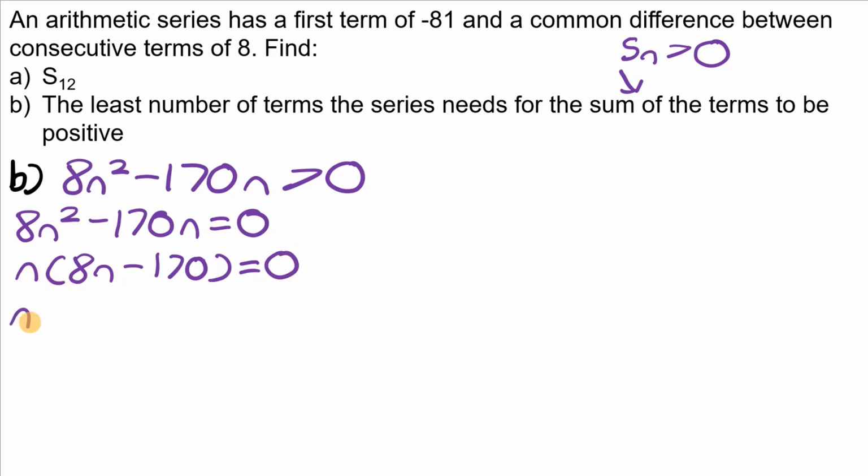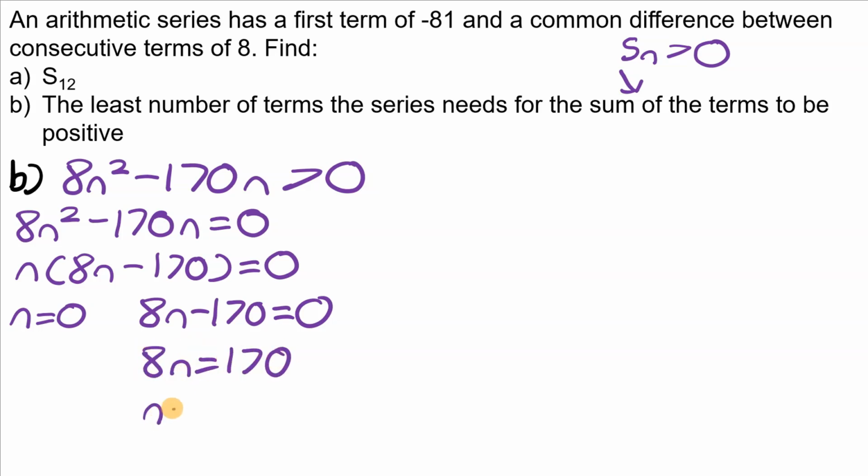So this means that either n is equal to 0 or 8n minus 170 is equal to 0. So 8n is equal to 170, so n is equal to 170 divided by 8, which if you put into your calculator is equal to 21.25. So these are the roots of this quadratic.